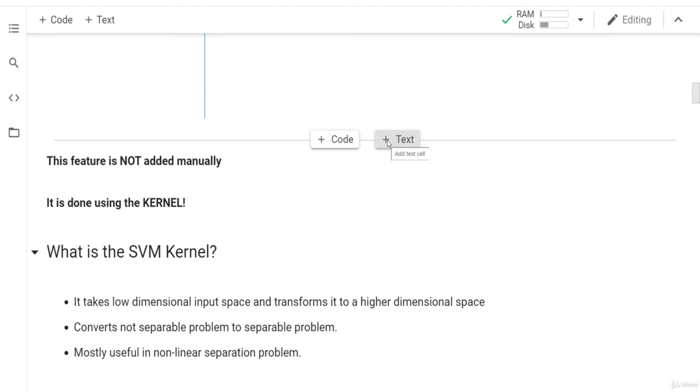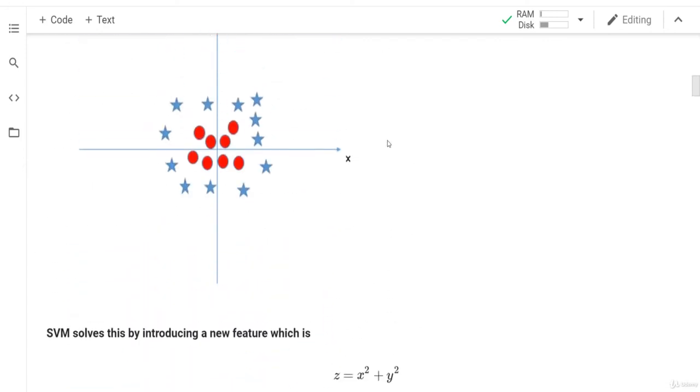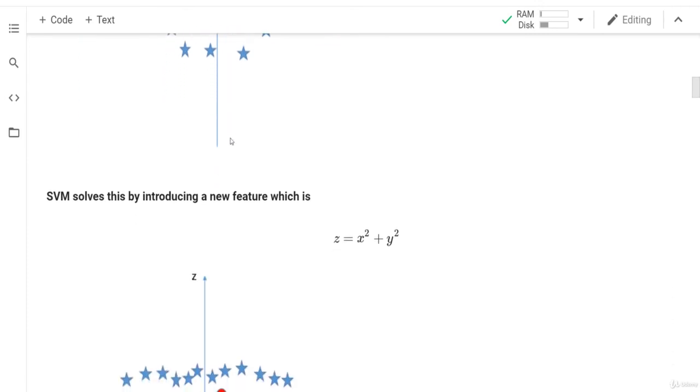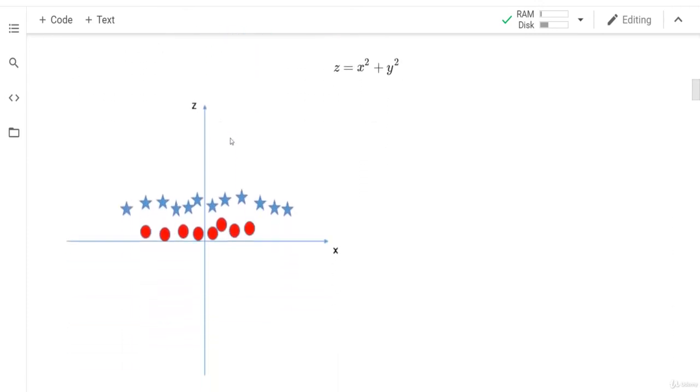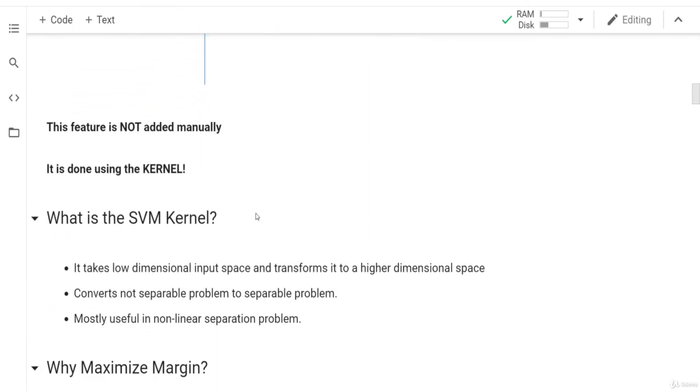By doing so, we can convert non-separable problems, or not linearly separable problems, just like this, to a linearly separable problem. Using just a linear curve here, we can separate the data points. So it's mostly useful in non-linear separation problems.